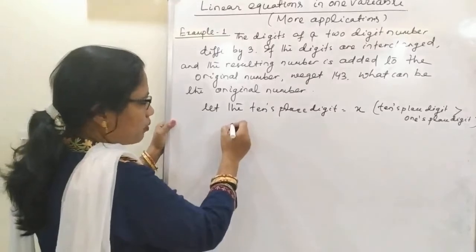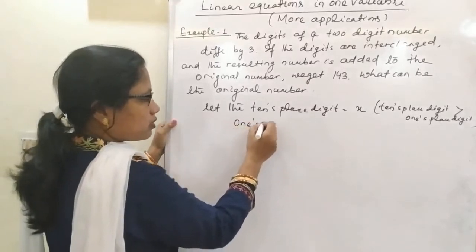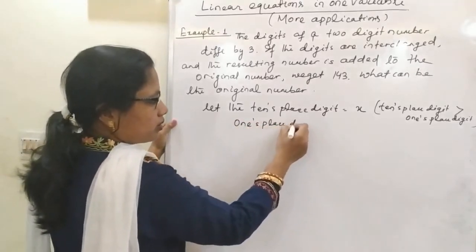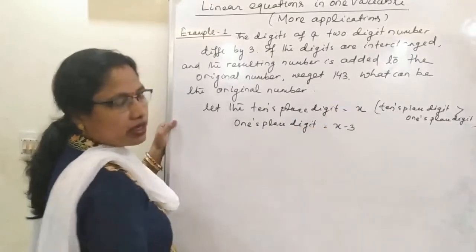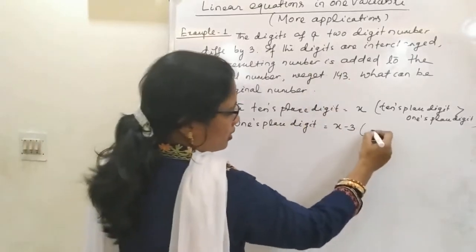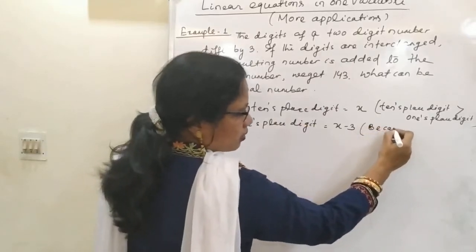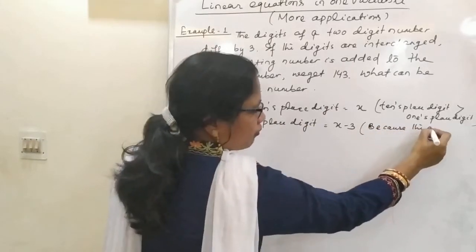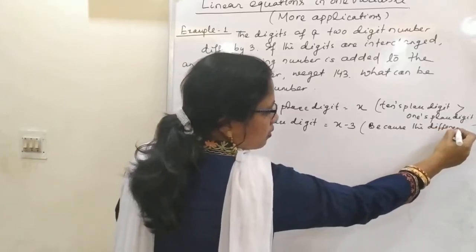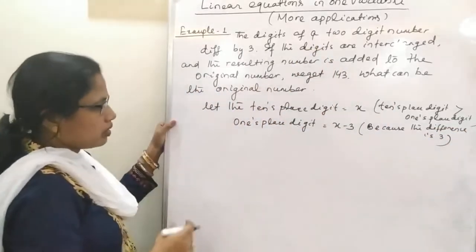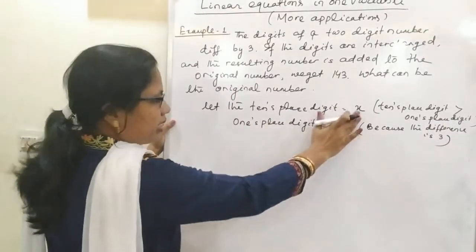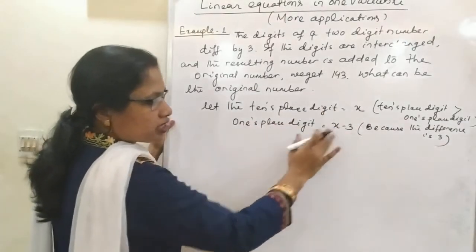Then what will be the ones place digit? The ones place digit will be x minus 3, as the difference is 3. It is given in the question. So our tens place digit is x and the ones place digit is x minus 3.